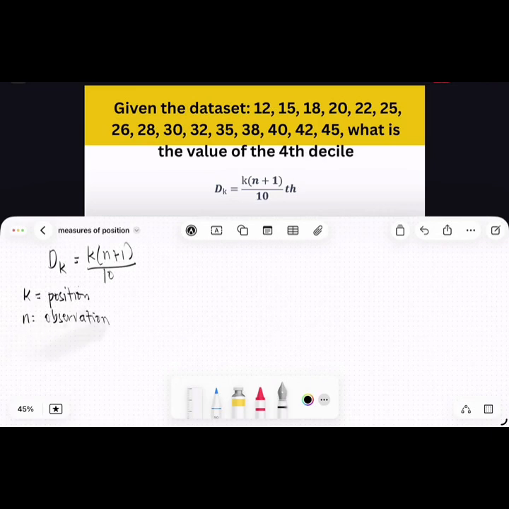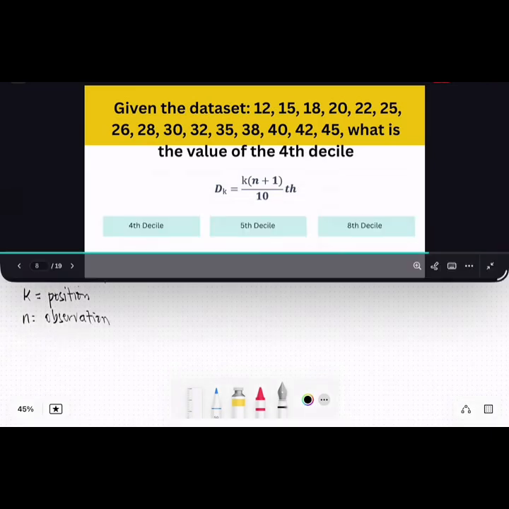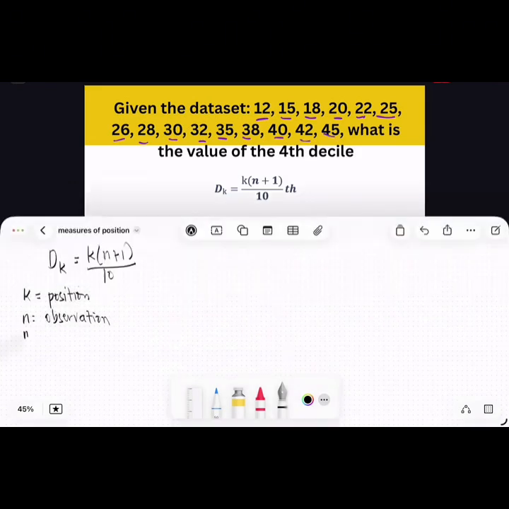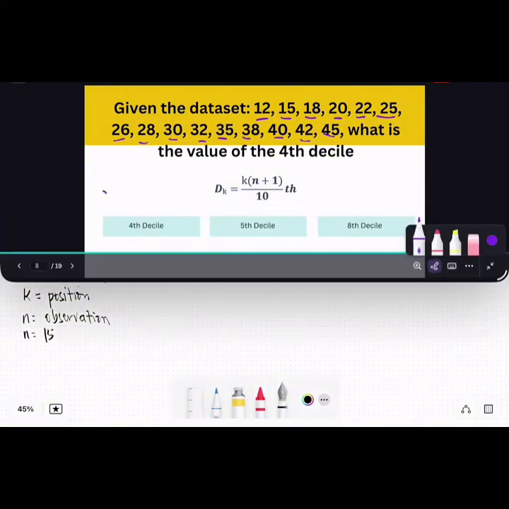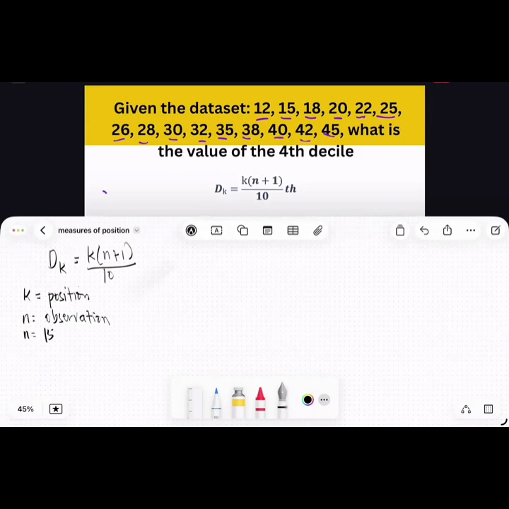Now, let's identify how many observation do we have in the given data set. So, let's count. So, meron tayong 1, 2, 3, 4, 5, 6, 7, 8, 9, 10, 11, 12, 13, 14, and 15. So, ibig sabihin yung ating n is equal kay 15. Now, let's proceed in solving the fourth decile, fifth decile, and eighth decile. So, start muna tayo kay fourth decile.